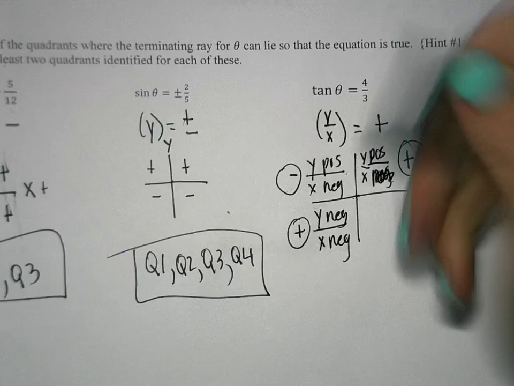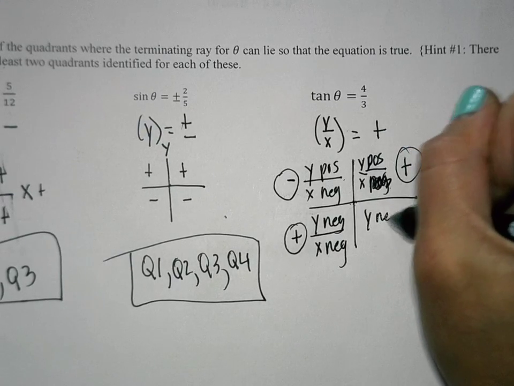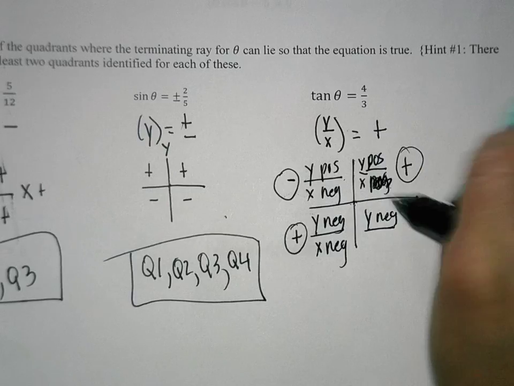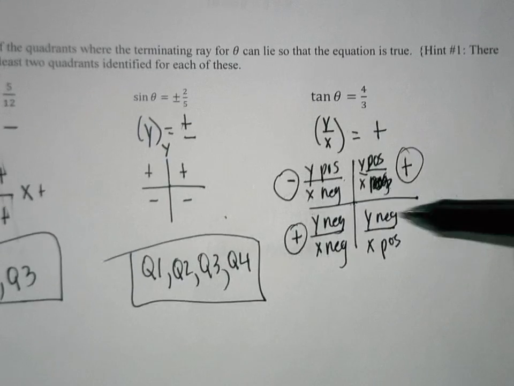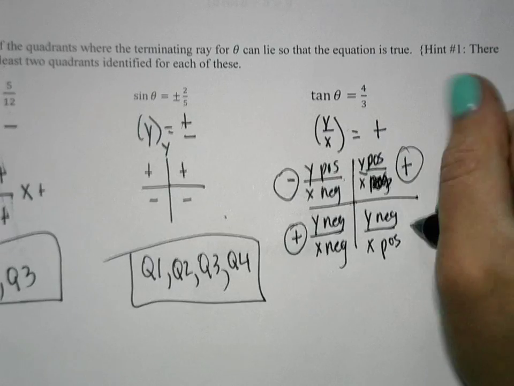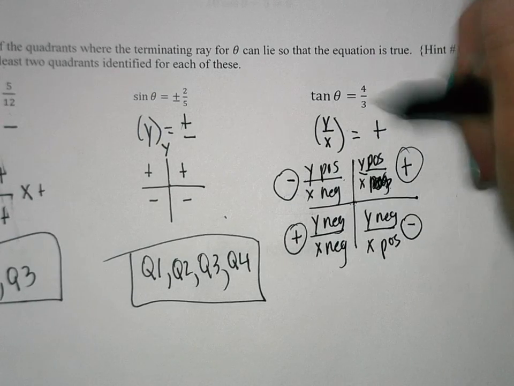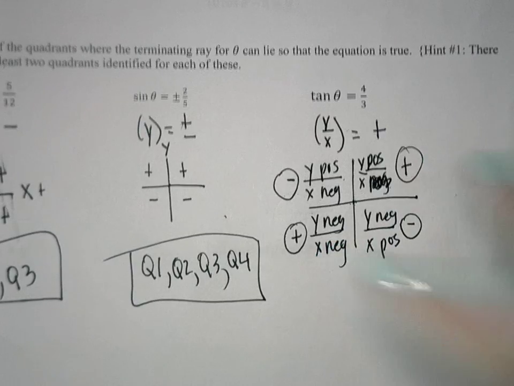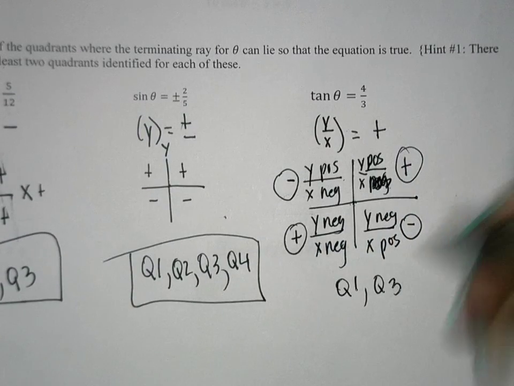In quadrant 4, when you go down here, y is negative, and when you go right, x is positive. And a negative divided by a positive is a negative. So the question was, when is tangent positive? Well, tangent is positive in quadrants 1 and quadrant 3.